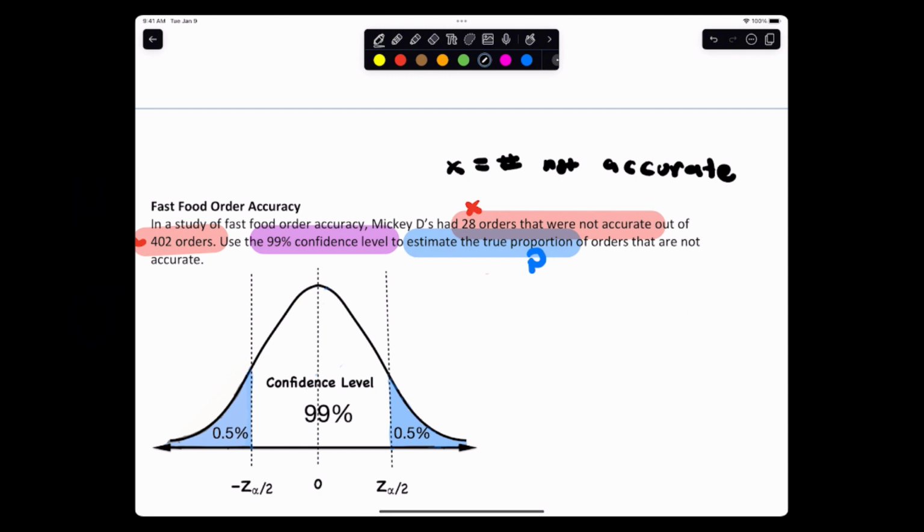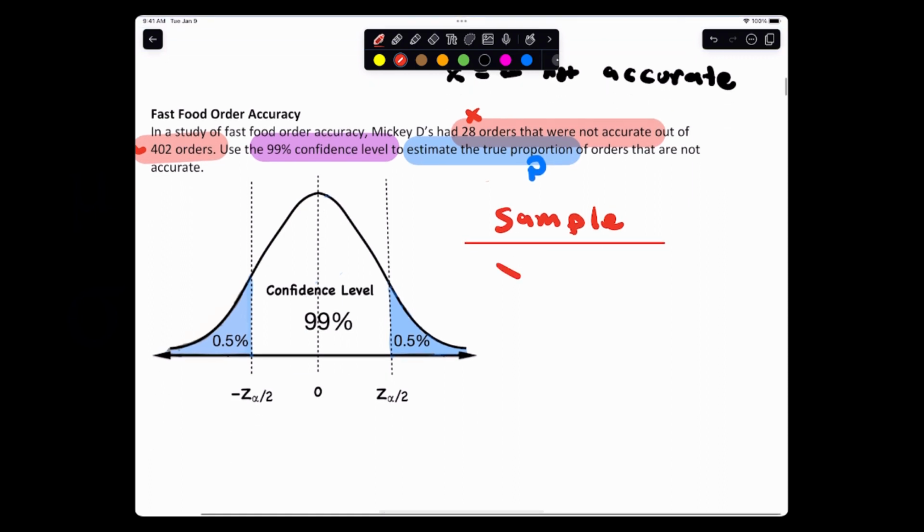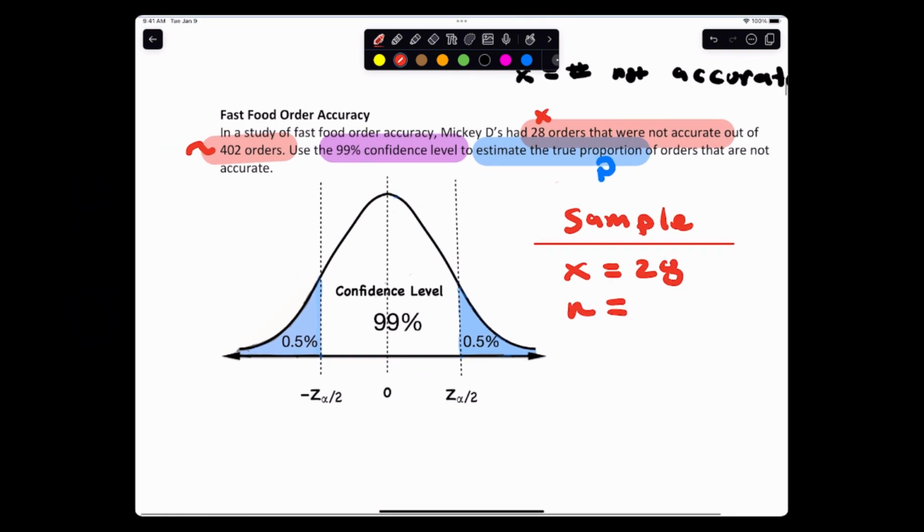So here's the point. Our sample has done what? They gave us X equal to 28. The sample size was 402. And what is our confidence level? 99%.